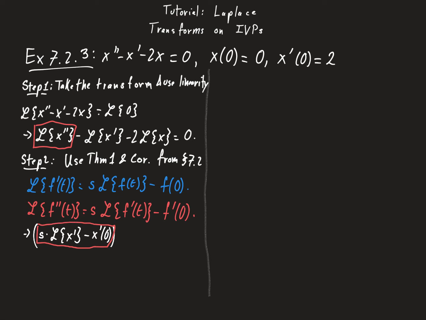Next up, we have minus, and a parentheses again, and this one will be from the blue. So instead of the Laplace transform of x prime here, we are going to have s times the Laplace transform of x minus x at 0.